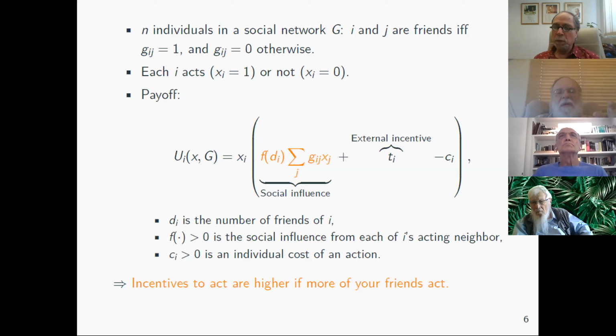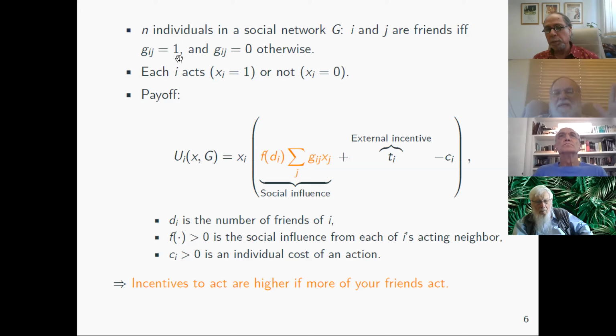Question number 2. Di is the summation of Gij over j. Is that correct? Each Gij is 0 or 1, so the number of friends is the summation of Gij. That's the summation you see here.